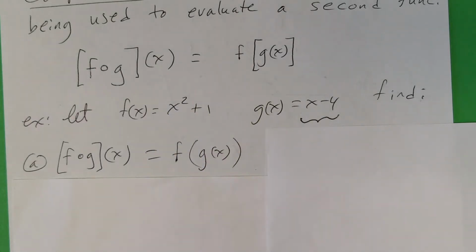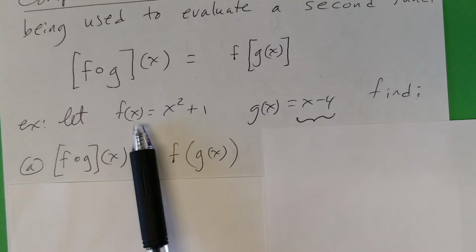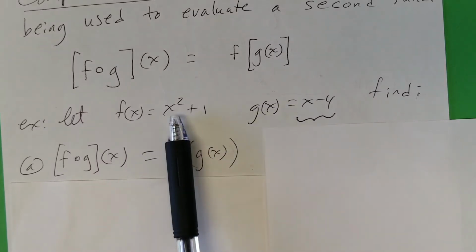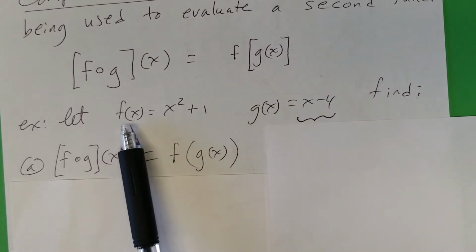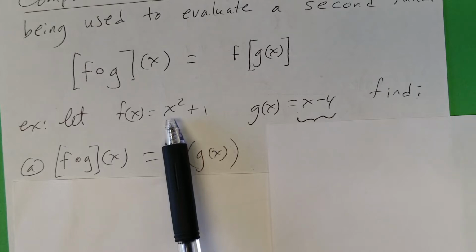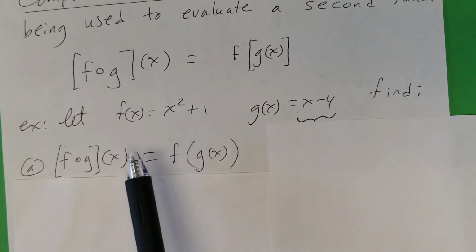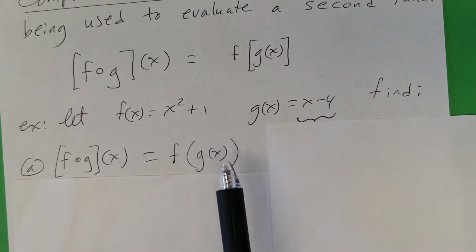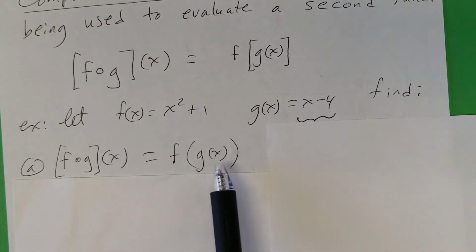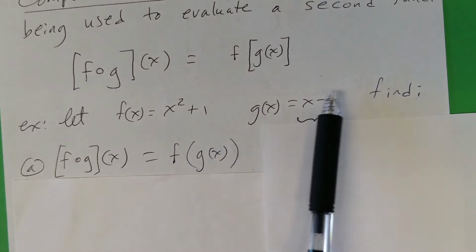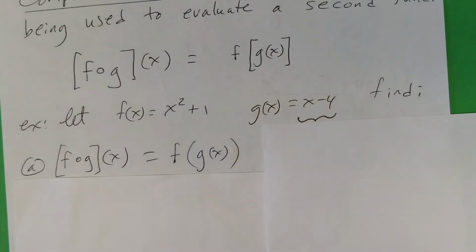Here's f of x. If I said, what's f of 1, you'd put a 1 there. If I said, what's f of 2, you'd put a 2 there. Well, now I'm saying, what's f of g of x? That means you put the whole expression, all of g of x, in here.